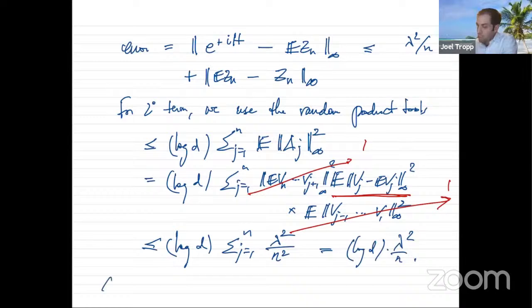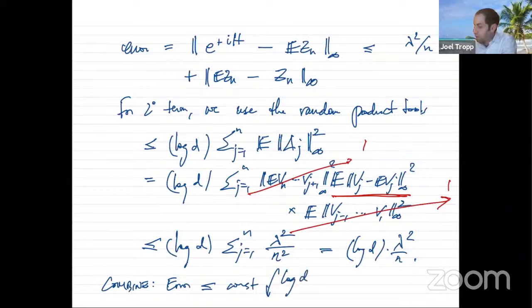Okay, and when you combine all this, the error in approximating the true unitary matrix e to the iH using this random product is controlled by the log of the dimension times lambda squared divided by n. And this is where we get the dependency of 1 over epsilon squared from in the bound.